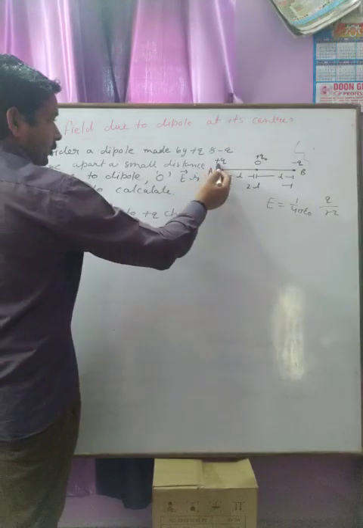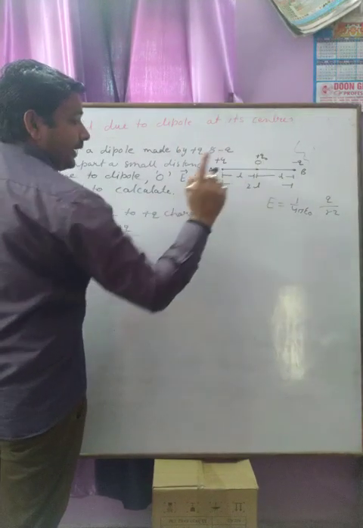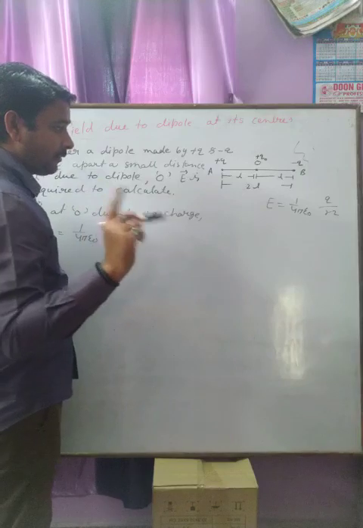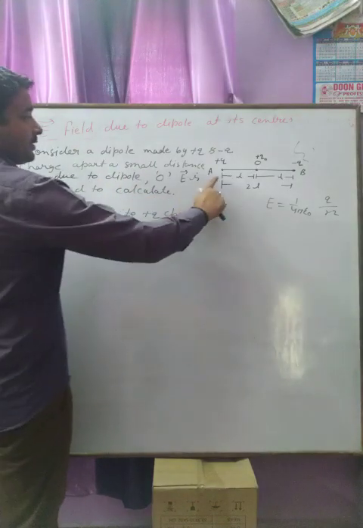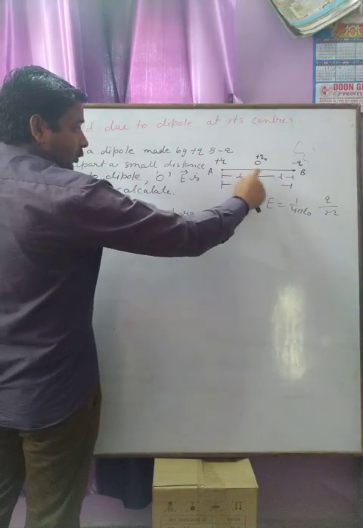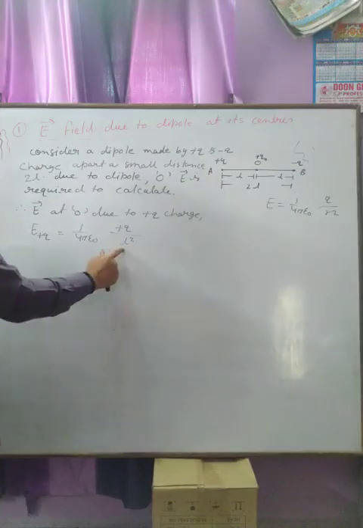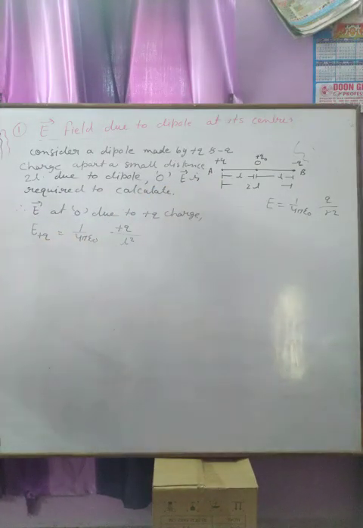Similarly here plus q charge is the point charge and O is the point where we need to calculate. The distance of A to O is L, so we are using L square in place of r square.